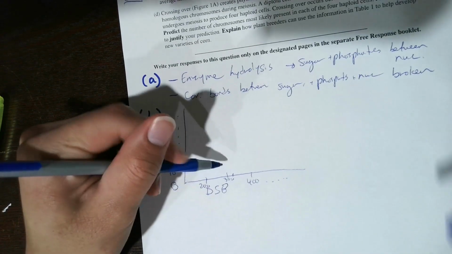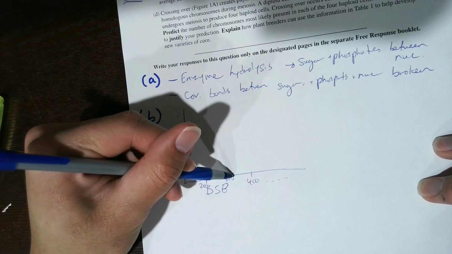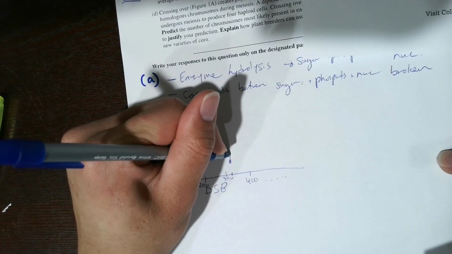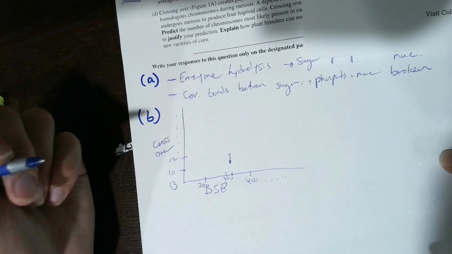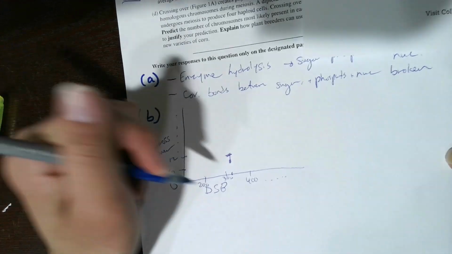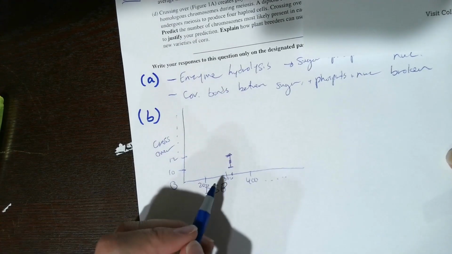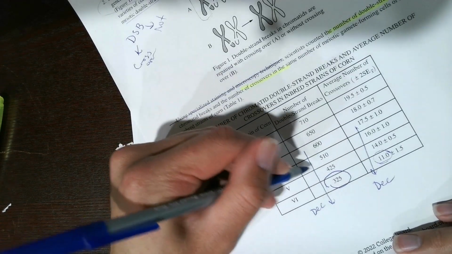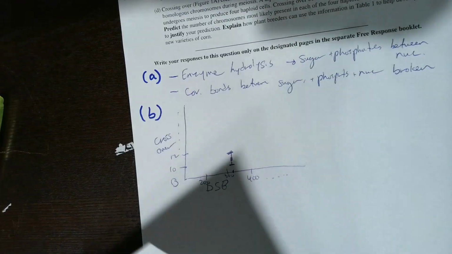So I'm going to go 325, I'm going to go up to 11. And it says it's plus or minus 1.5, which means I'm going to go 1. Oh, that's way too big. Oops. I'm going to go 1.5 up, and I'm going to go 1.5 down. And I'm going to keep doing that all the way for all of these values. And it's going to look like this. That's just the answer key.